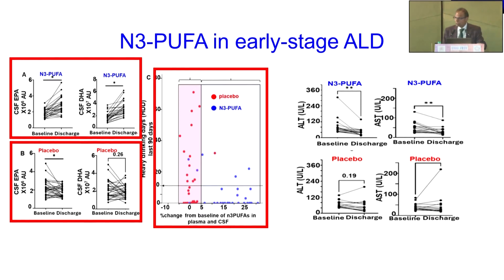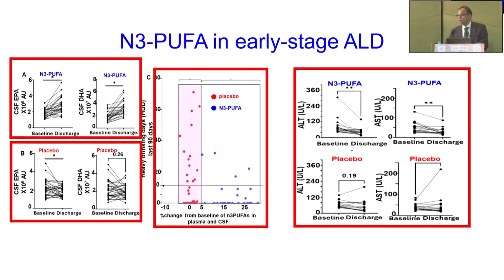The middle figure shows how at the end of 12 weeks, the heavy drinking days came down in patients who were given PUFA but not in placebo. And on the right-hand side, you see their AST and ALT levels came down. So it is proof of concept that it's a dual target. It helps control the alcohol use and it also helps control the liver disease. We are trying to study N3-PUFA in a clinical trial in patients with alcohol use disorder. So stay tuned.